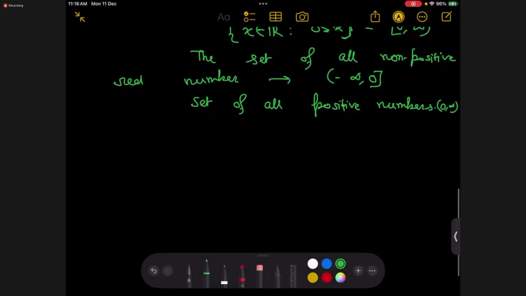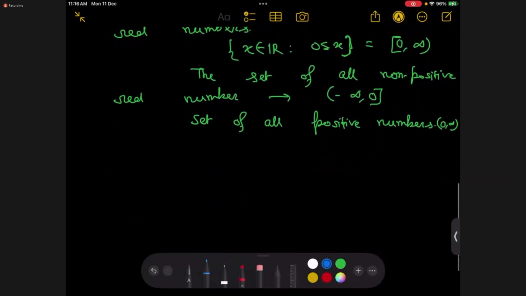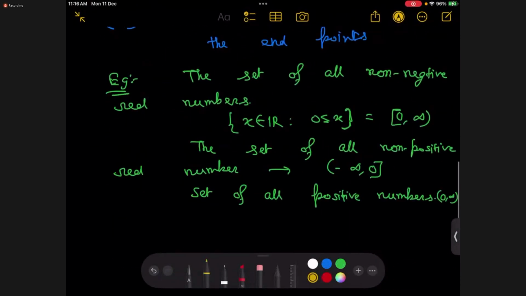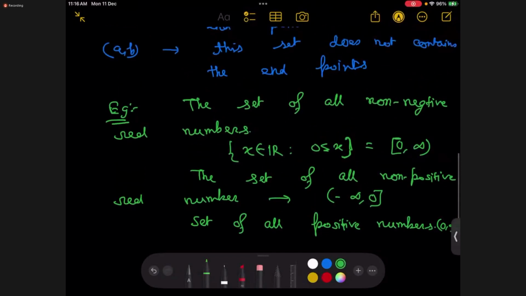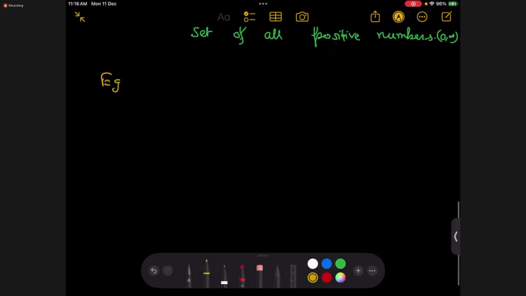So let us take another example. This is example two. Let us take three sets.